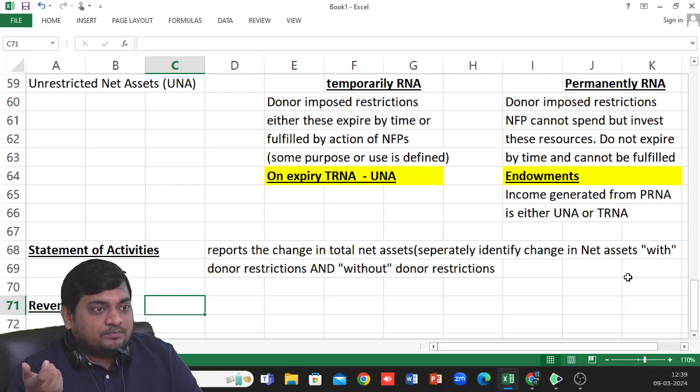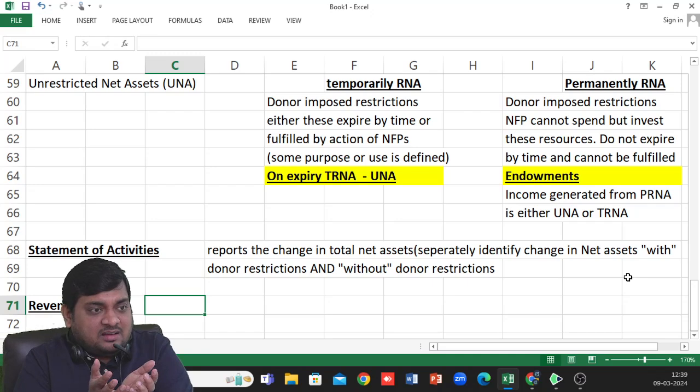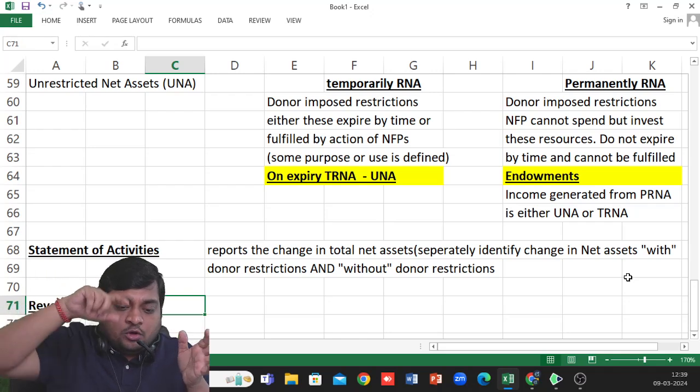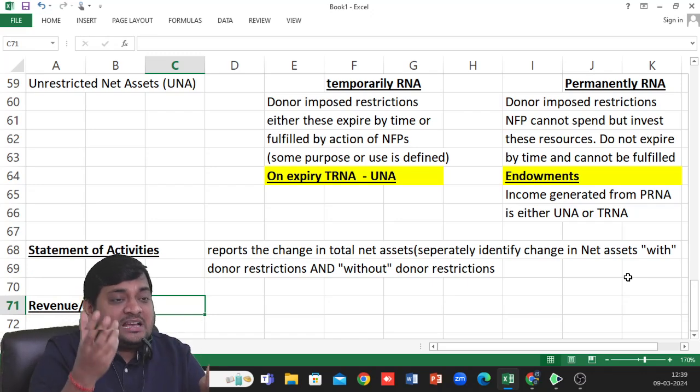It's not that we do revenue minus expense and show the net change. Due to this revenue, net assets will increase. Which net asset?